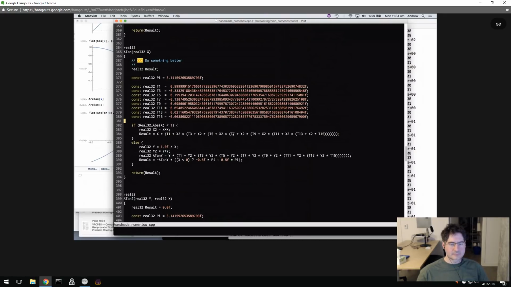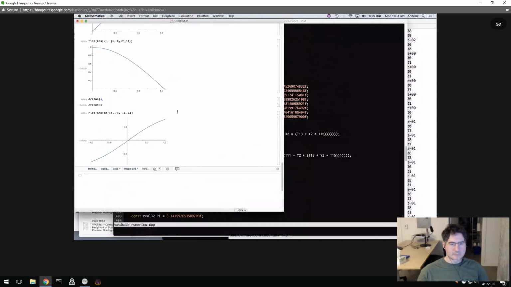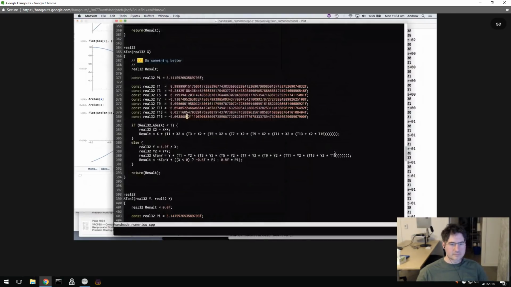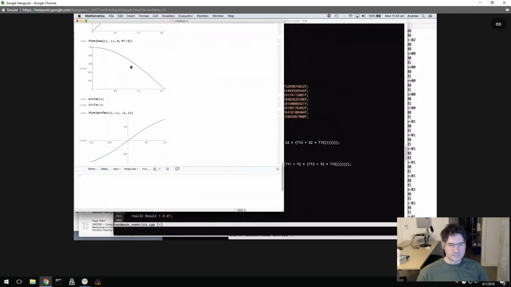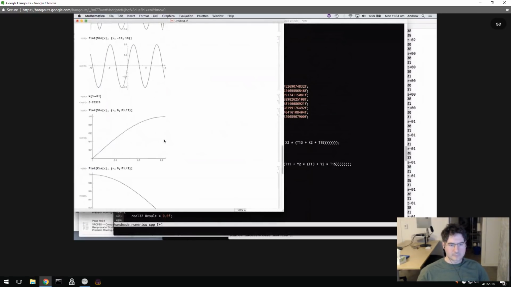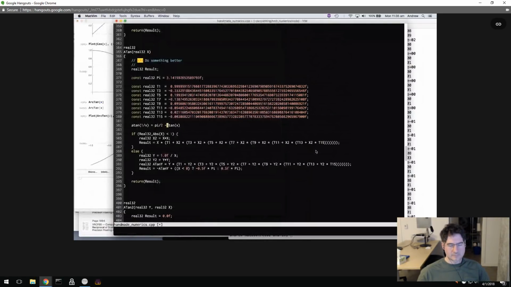Now, outside of negative 1 to 1, you can use a useful little identity, which is A10 of 1 on x equals, no, I tell a lie, it is pi on 2 minus A10 of x, for x positive.